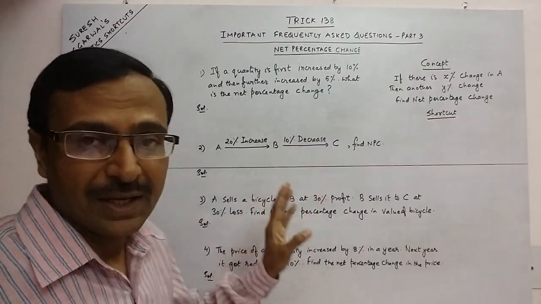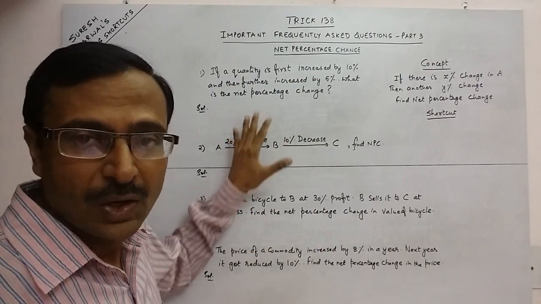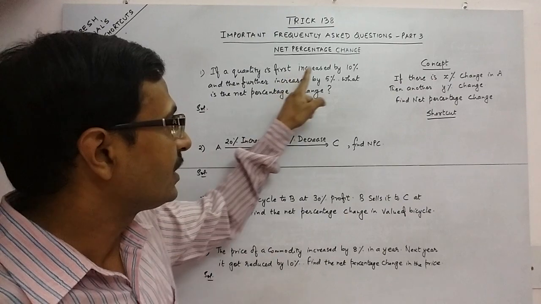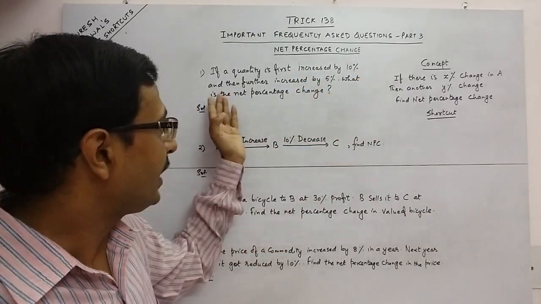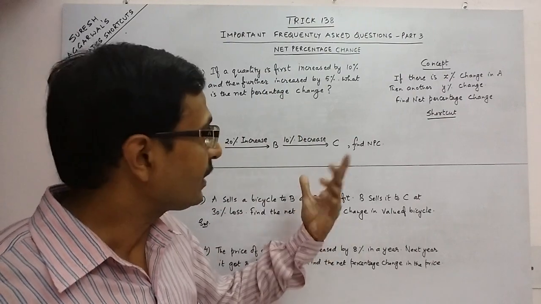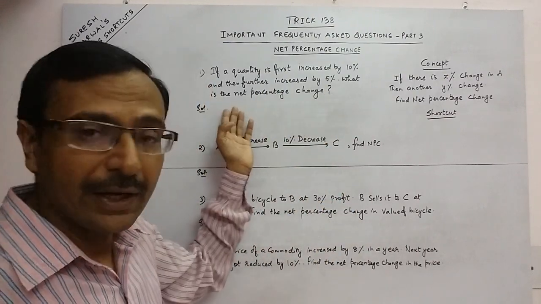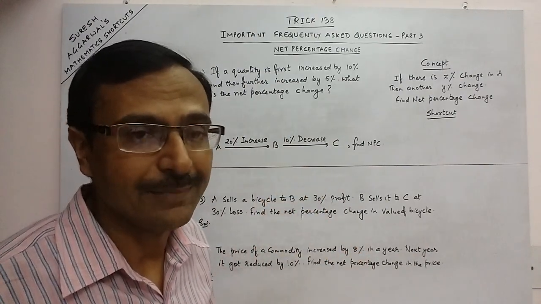Now we are going to undertake a problem of a situation when a quantity is first increased by a particular percentage and then another increase or decrease in the quantity, and we have to find the net percentage change in the value of that quantity.